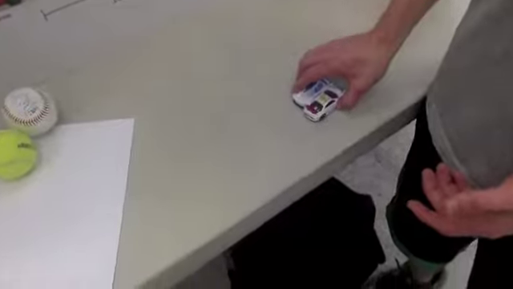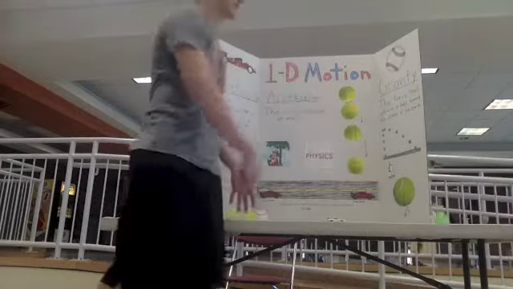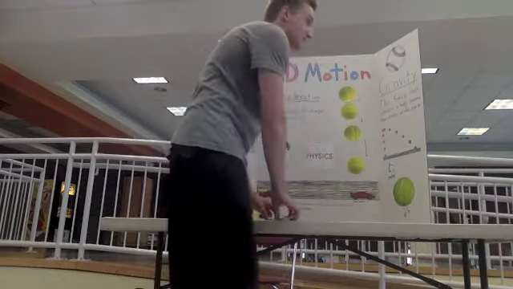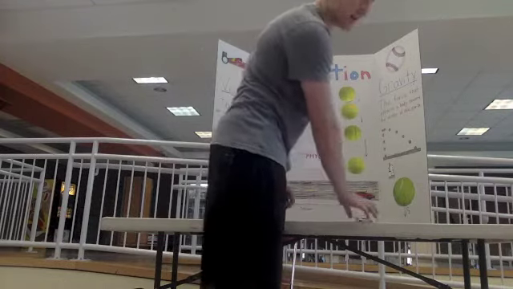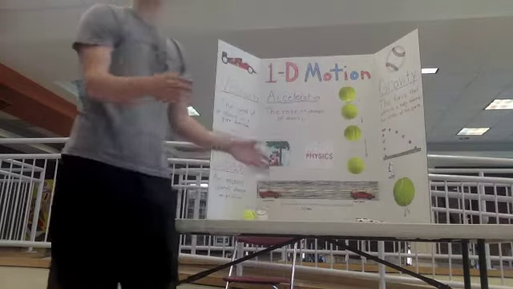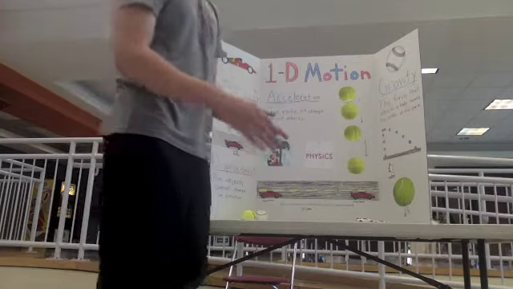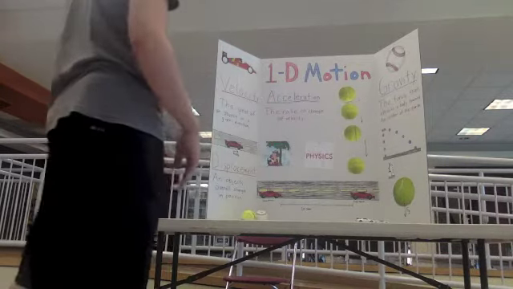We will have the kids come up, we'll have a ruler set on the table, and we'll drive the cars around in different ways, and we'll ask them how far each one traveled displacement-wise.